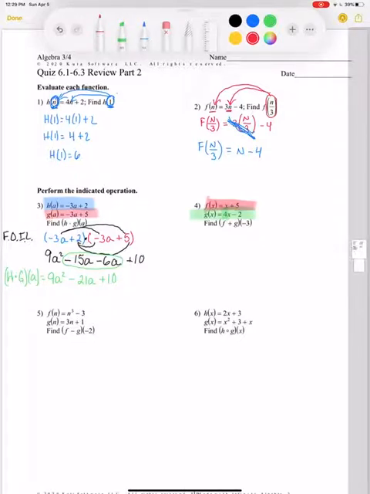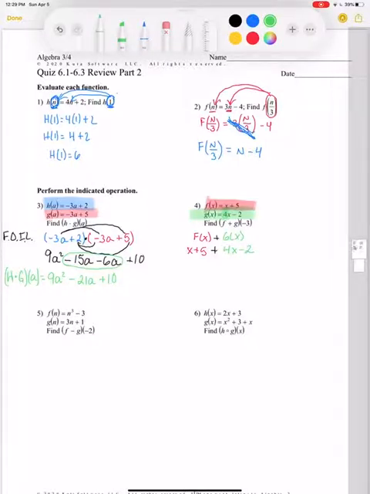So f plus g means f of x plus g of x. Okay, so f of x is x plus 5, and we're going to add it to g of x, which is 4x minus 2.